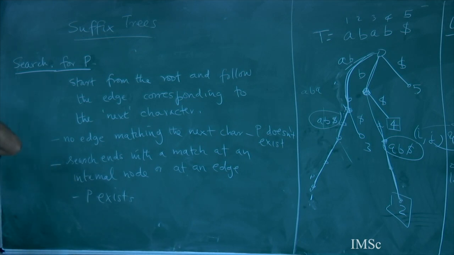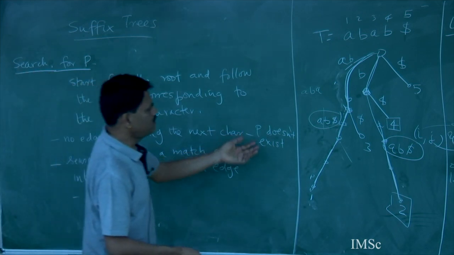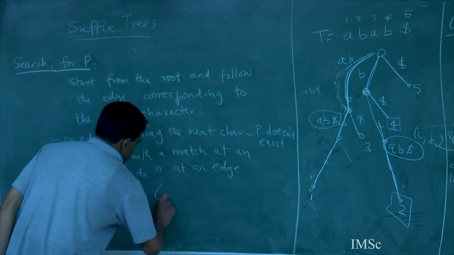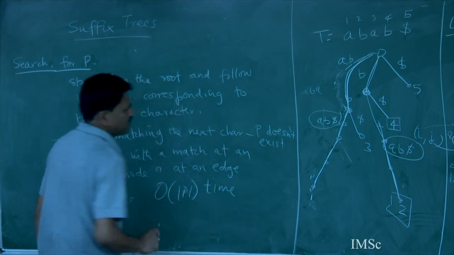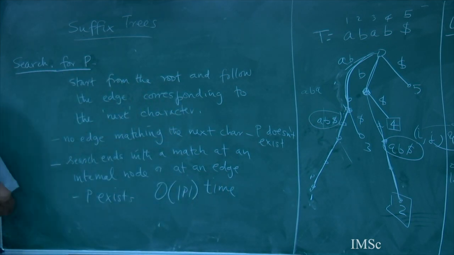But how do we find them and how much time does it take? For existence of the pattern, we have just spent order p time, the length of the pattern. Now, I want to output all occurrences of the pattern if it exists.